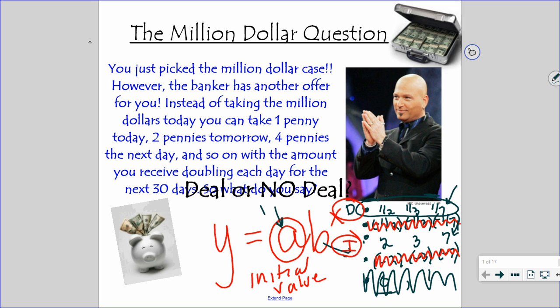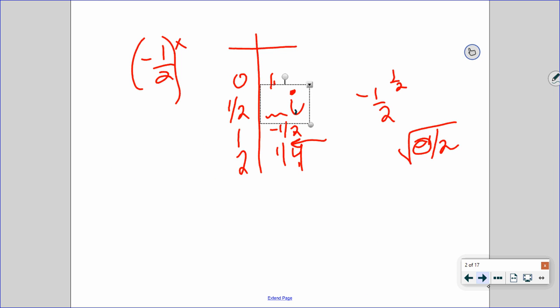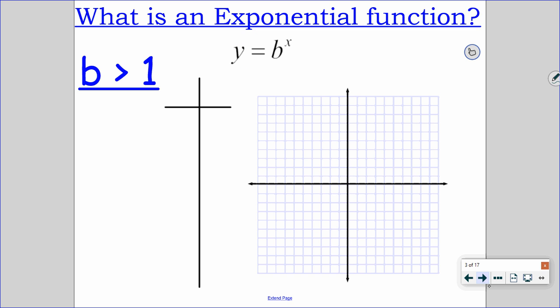I might flip a few pages because I had stuff on separate pages together, right? Start with this one first. So again, I left out the a there, but it's really a times b to the x. So here's your case one. Case one.